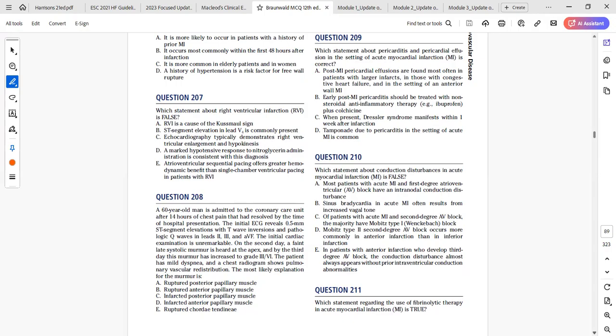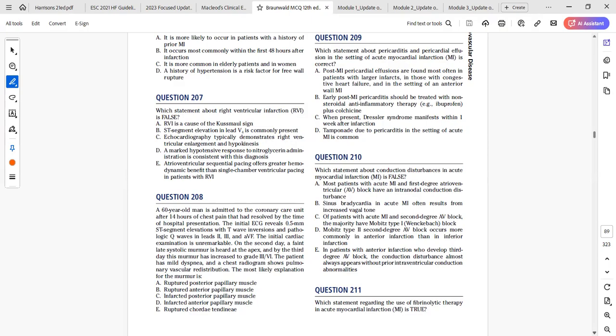C, of patients with acute MI and second-degree AV block, the majority have Mobitz type 1 Wenckebach block. D, Mobitz type 2 second-degree AV block occurs more commonly in anterior infarction than in inferior infarction. E, in patients with anterior infarction who develop third-degree AV block, the conduction disturbance almost always appears without prior intraventricular conduction abnormalities.